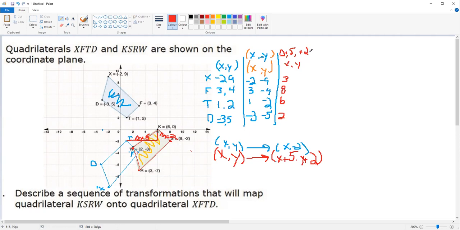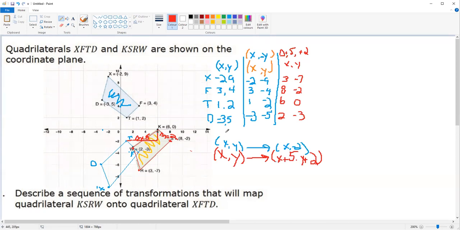And this is going to be negative 7, negative 2, 0, and negative 3. See if I have a point in all these places here.